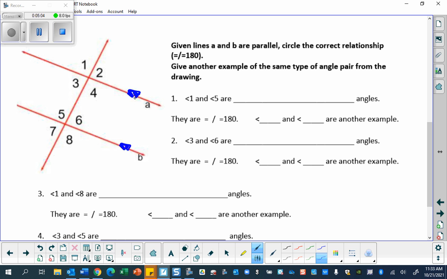Oh, would you like your... It's equal or equal to 1.